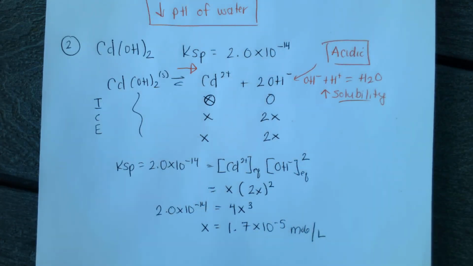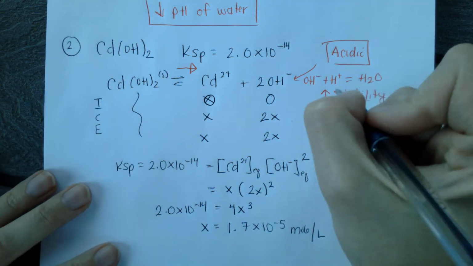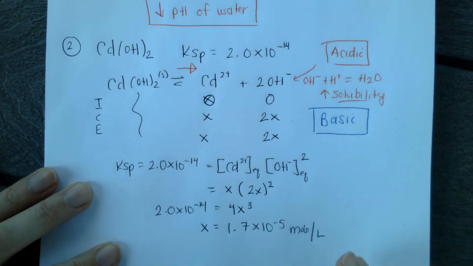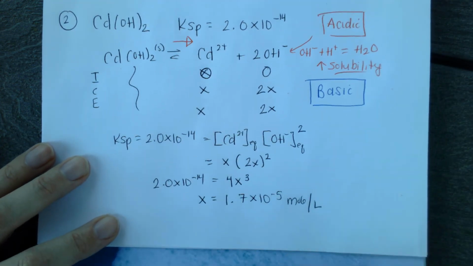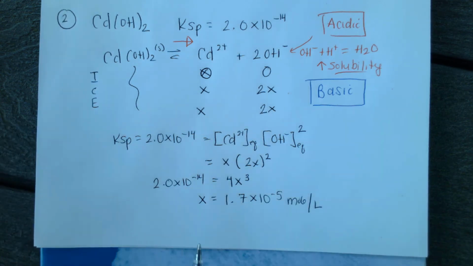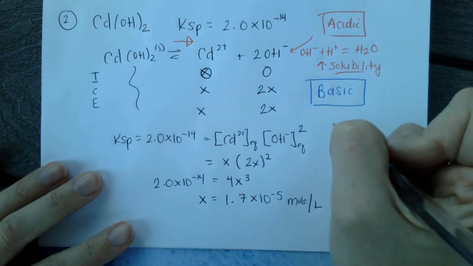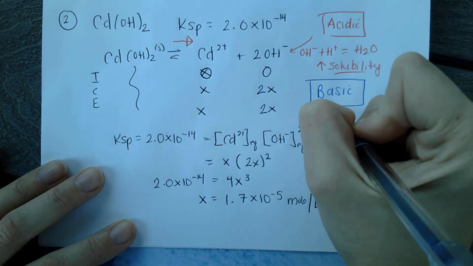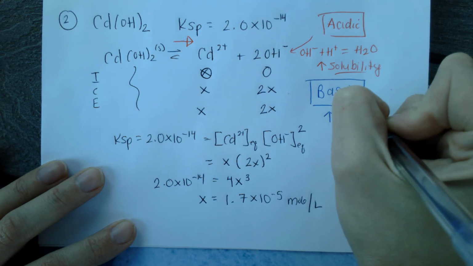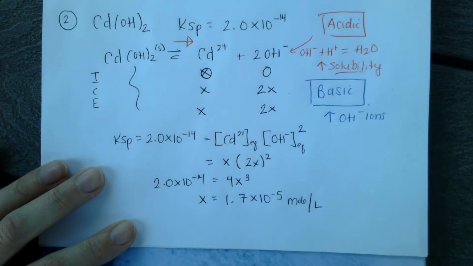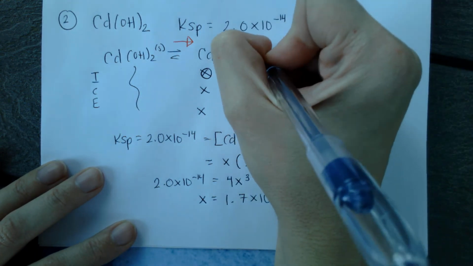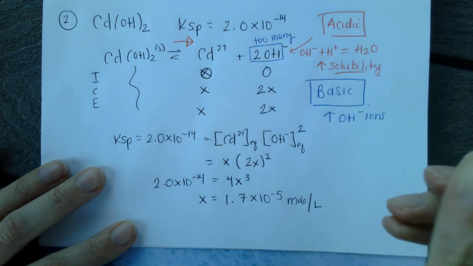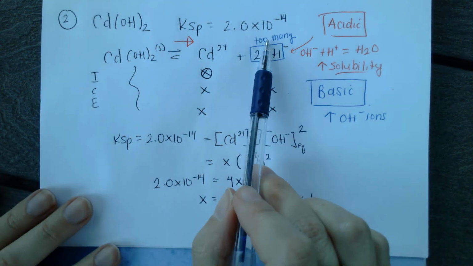Hydroxides are sensitive the other direction as well. What happens if we did this in basic conditions? What if the pH of our water was slightly basic for our cadmium hydroxide? A basic condition means that we have an increased amount of hydroxide ions in solution. So we have too many, and our stress is that we've overloaded this side.